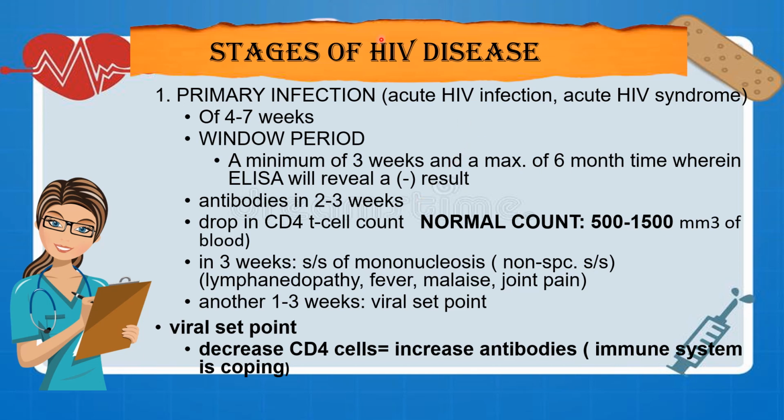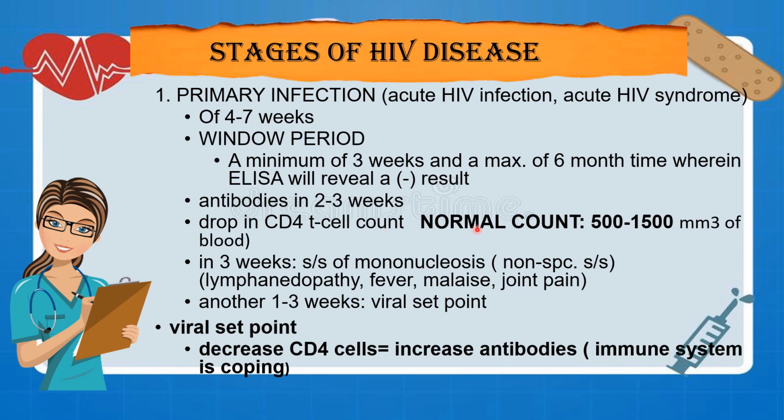The primary or acute infection is characterized by high levels of viral replication, widespread dissemination of HIV throughout the body, and destruction of CD4 T cells, which leads to a dramatic drop in the CD4 T cell counts.